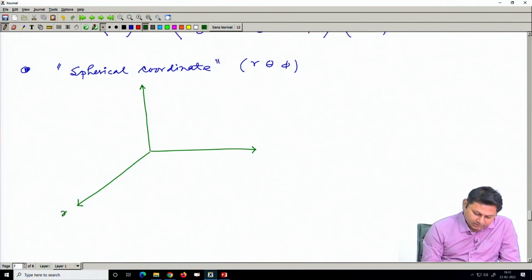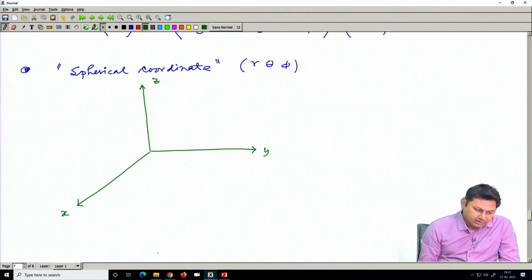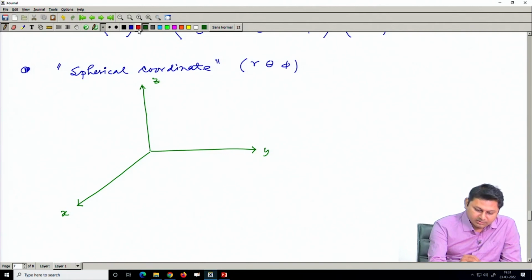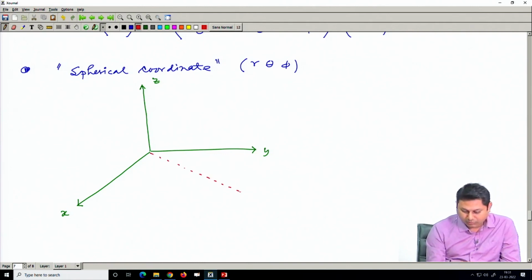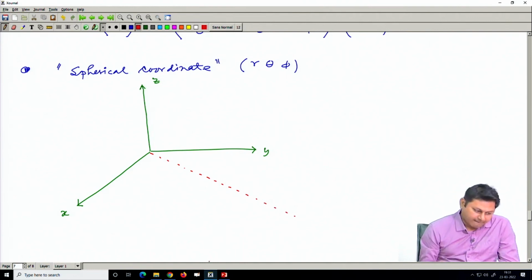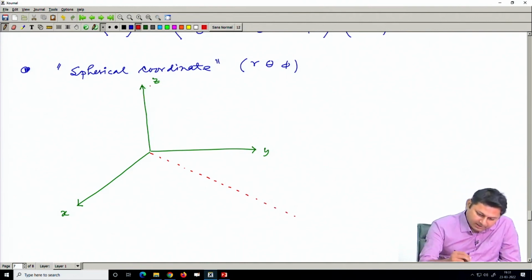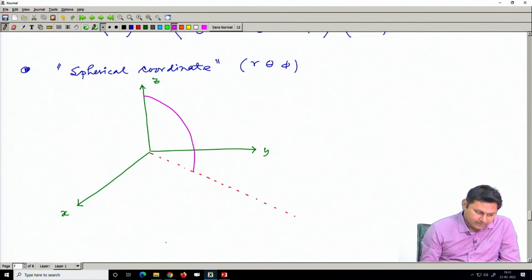This is x, this is y, and this is z, and along this direction is the rho.